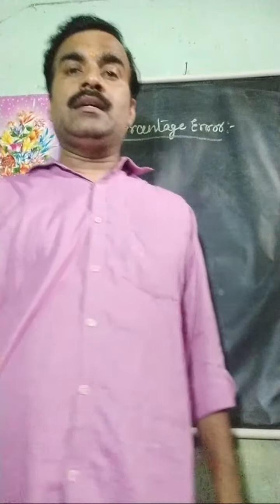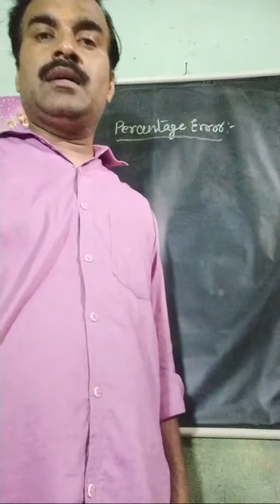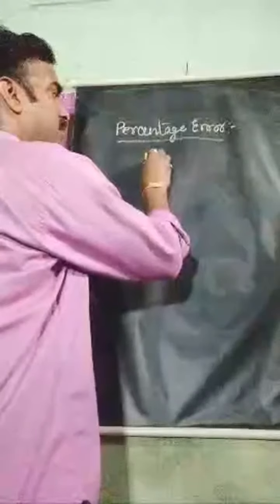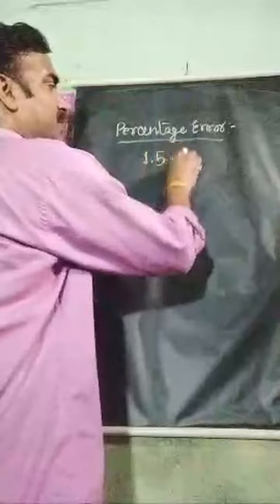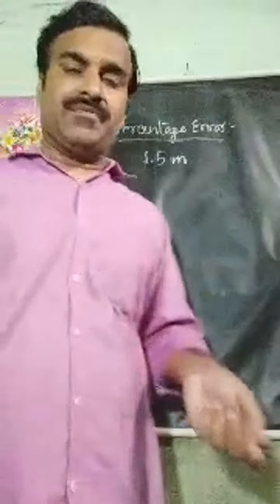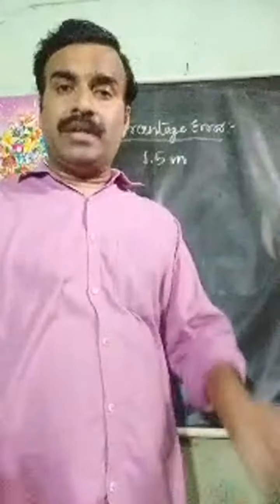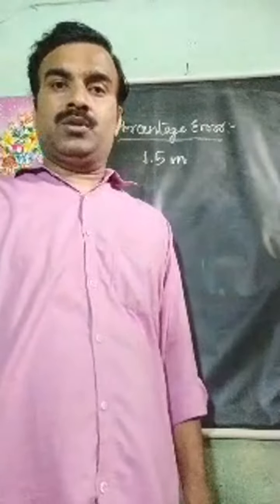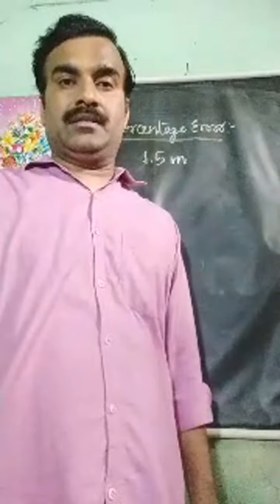Suppose you have got the length of an object, 1.5 meter. The length is given as 1.5 meter, and once you measure it by meter scale, it is getting something different.